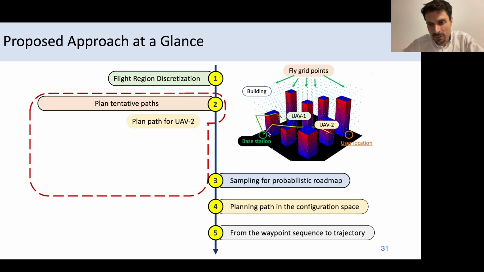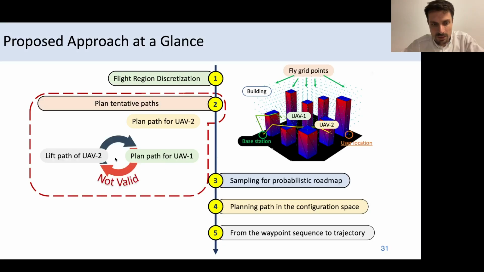Due to this assumption, we only need to consider the locations of UAV2, and that allows us to apply shortest path algorithms. Then after we get the path for UAV2, the path for UAV1 can be computed using another algorithm.